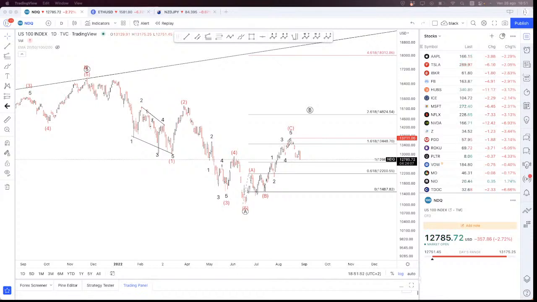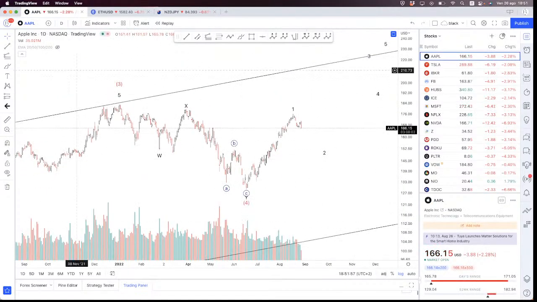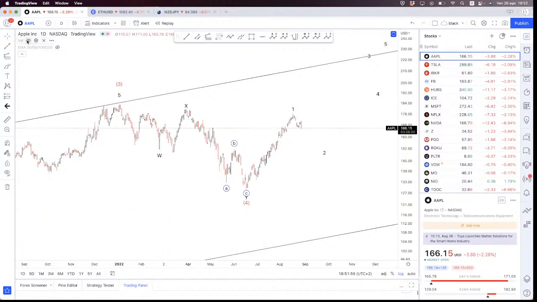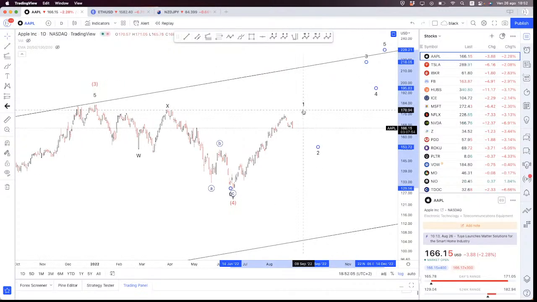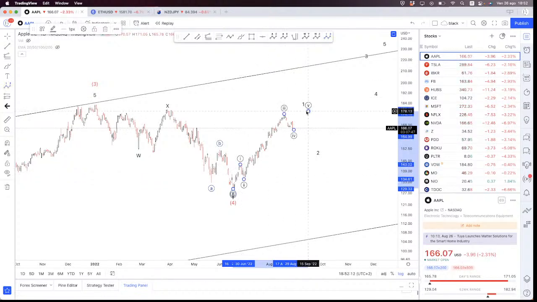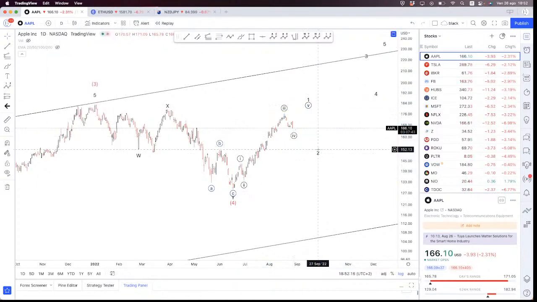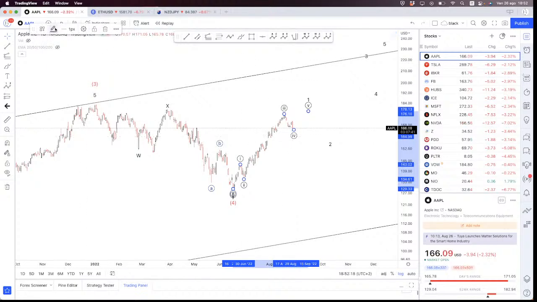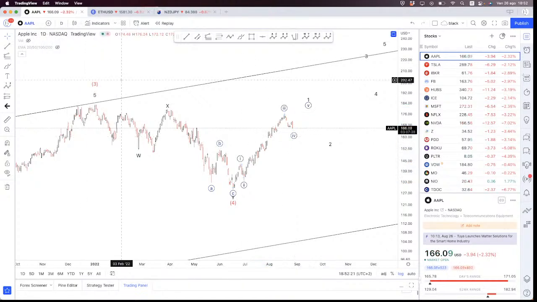So let's take a look, perhaps at some stocks, if there's no request. Yeah, Apple's been leading the upside here, as you can probably see. The trend may have resumed. Perhaps it's time for a wave 4, something like this.